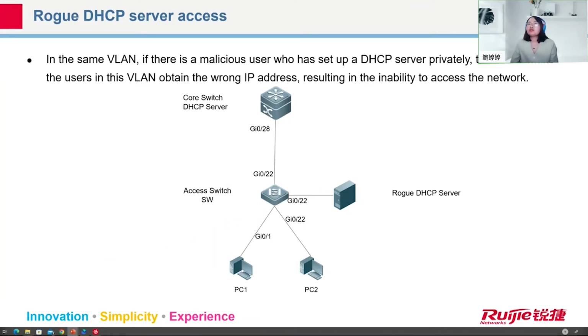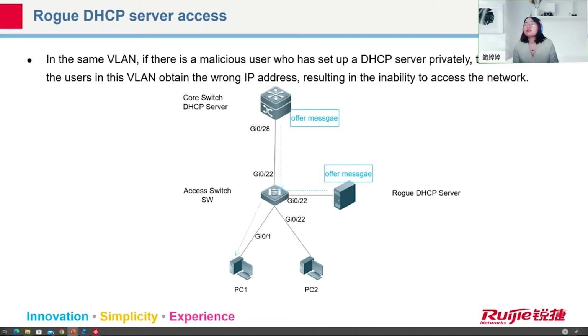And then these two DHCP servers will reply with the offer message to the access switch. The offer message is a unicast message, so this message will be sent to PC1. But pay attention to PC1.